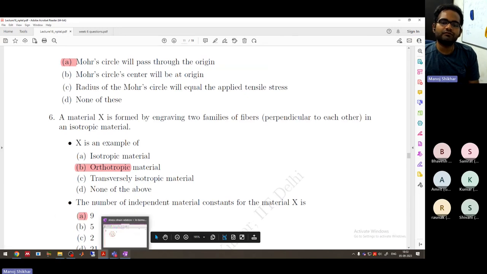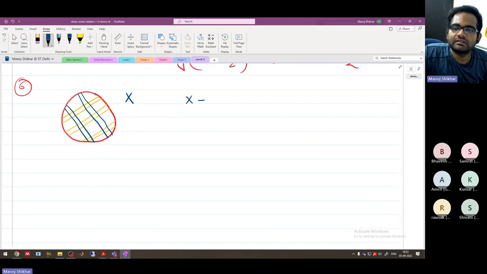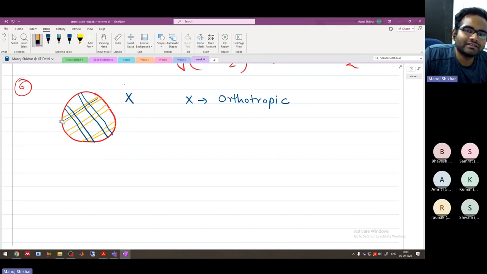If you had followed last week's lecture, you would have known that X is orthotropic. Why is it orthotropic? Because if we move along the fiber of the blue line, we will have some property E1.